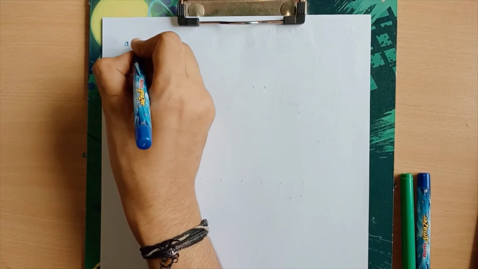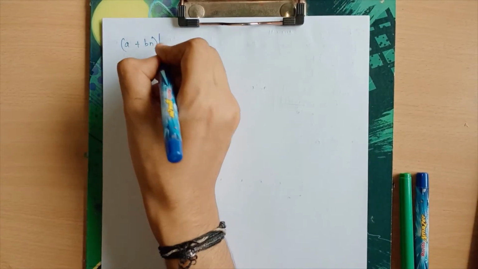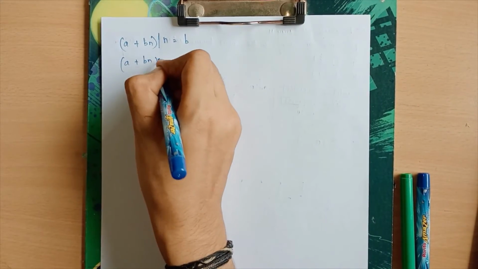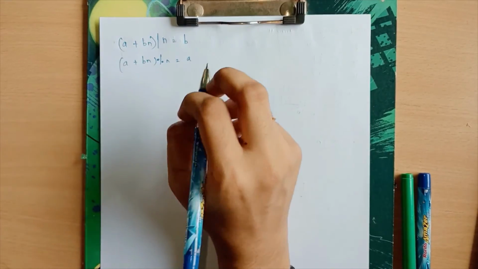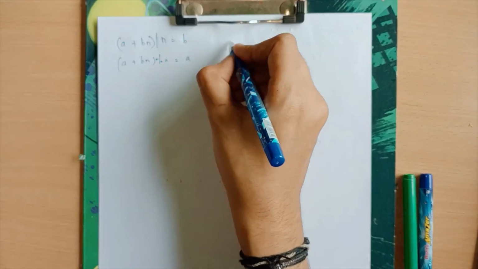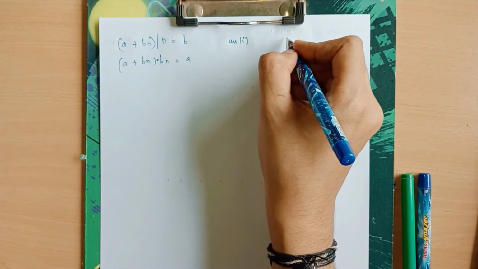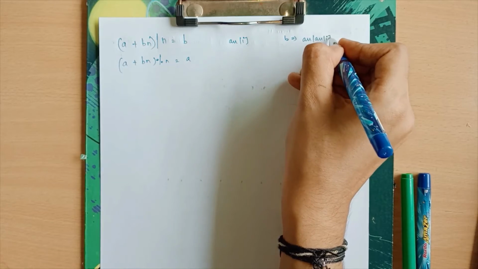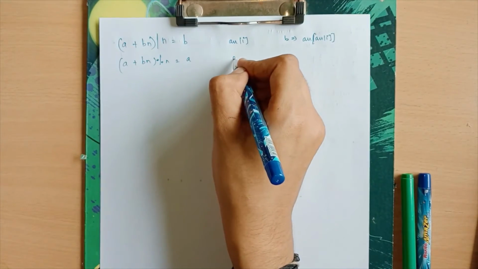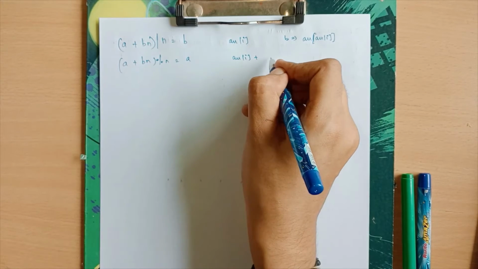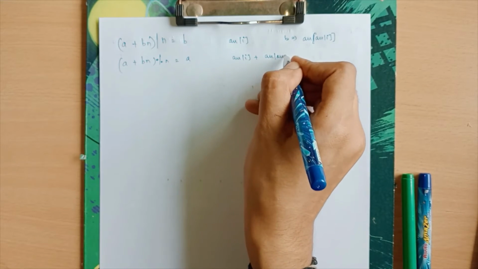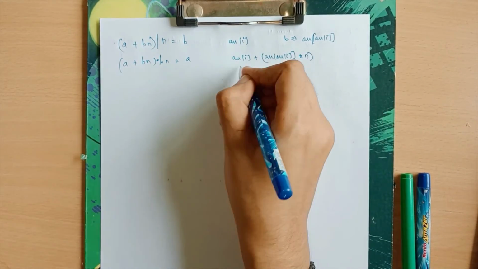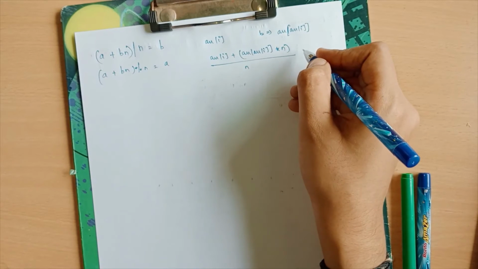So we had seen that a plus bn divided by n is going to give me b, and a plus bn modulo n is going to give me a, right? So we know array of I. I'm going to make b as array of I. If you say array of I plus array of I into n, divided by n, what do you think I'll get?